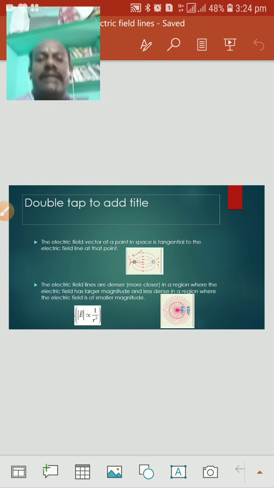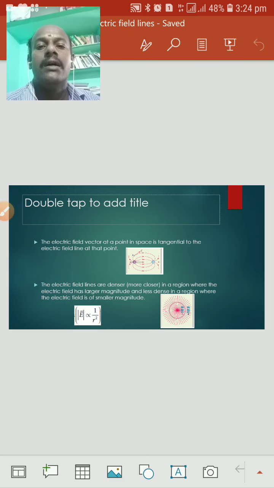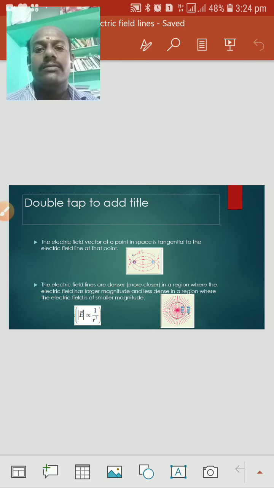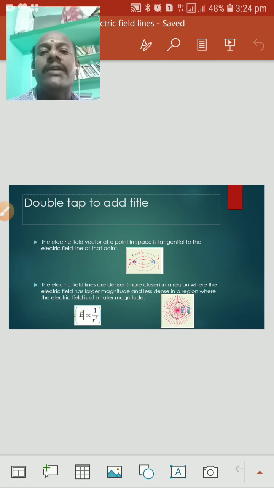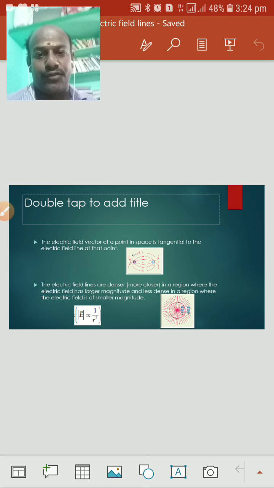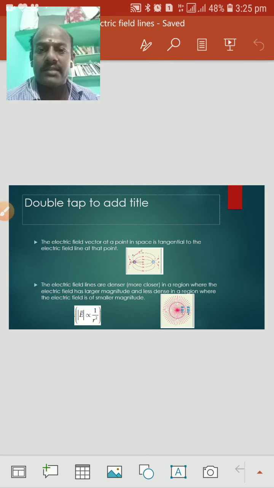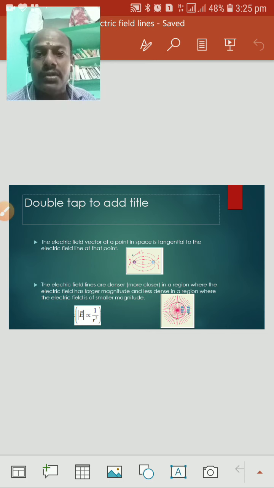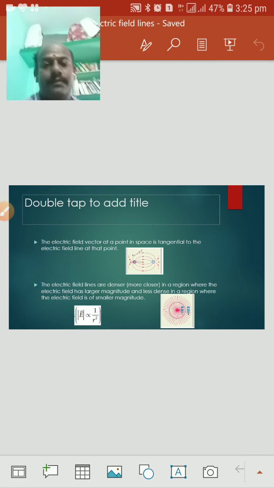The direction of the electric field can be found by drawing the tangent to the electric field line, which gives the direction of the electric field. So the direction of the electric field lines also defines the direction of the electric field. That's why they are called electric field lines.